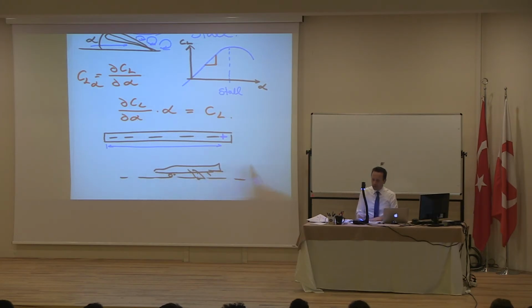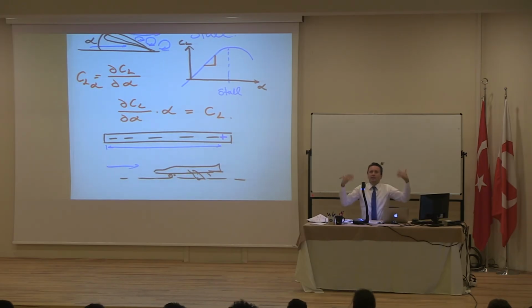The wind is blowing from the back or from the front. Which one would you prefer if you want to take off fast? You want the wind coming from the front or coming from the back? From the front, right? So that you stay there, the air is flowing towards you, you just have to make your wings a little at a certain angle and immediately you will push down air and you will go up.